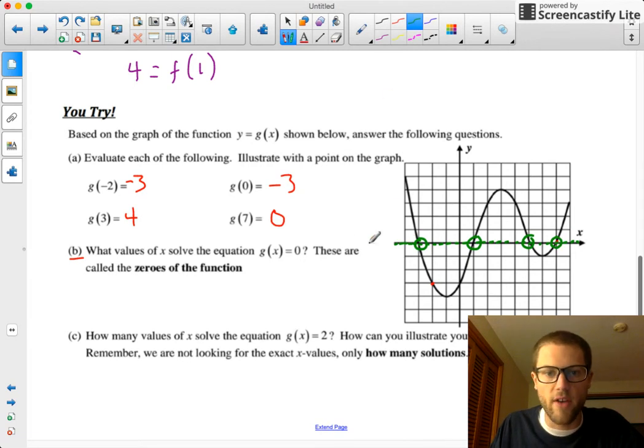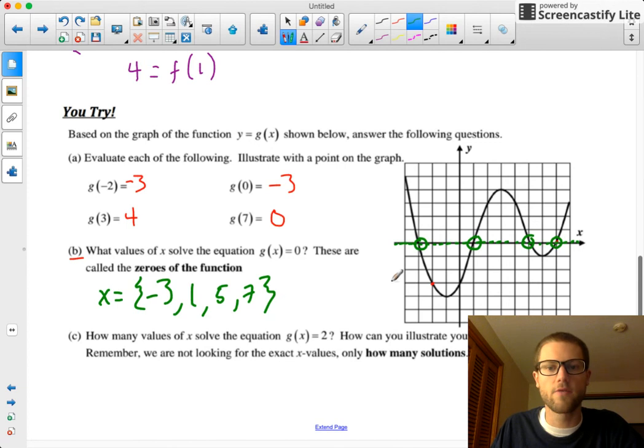So the x values that would solve this equation, or that would produce an output of 0, are given by the set x equals -1, 2, 3, when x equals 1, when x equals 2, 3, 4, 5, and 7. So all of these x values as an input will produce 0 as an output. And we call these zeros of a function. And we'll talk more about that later on, but something to keep in mind.